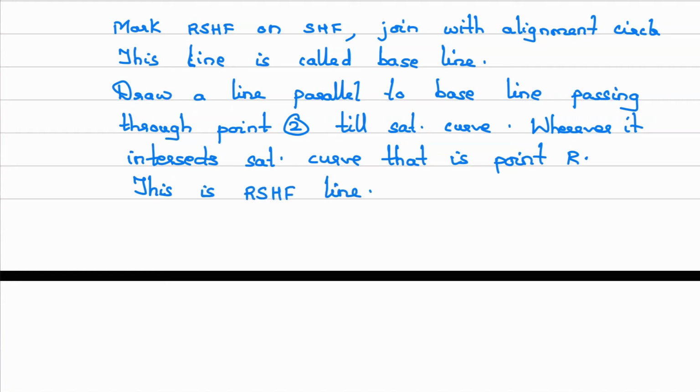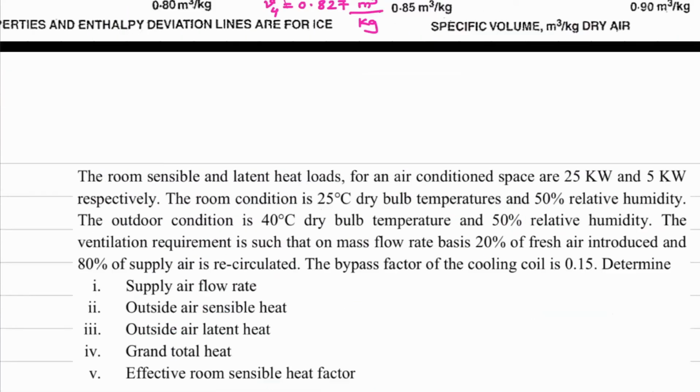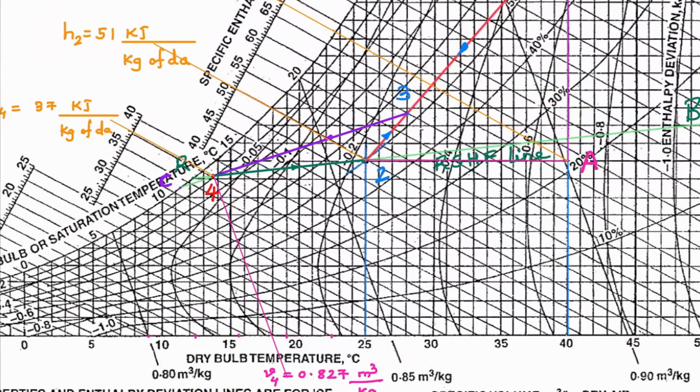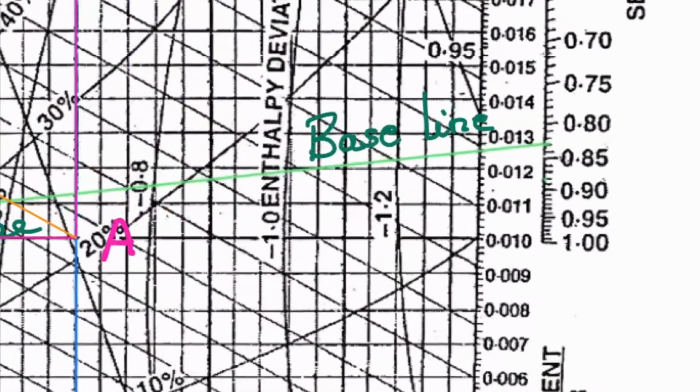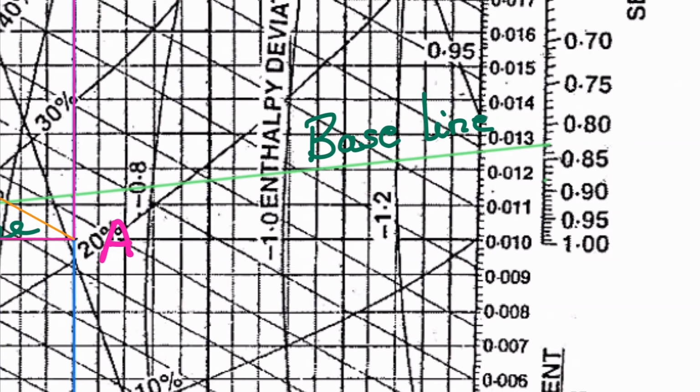Now the same thing I have done here. RSHF value is 0.833. So this is 0.8, this is 0.85. So 0.81, 82, 83, and approximately this is slightly ahead of this, 0.833.